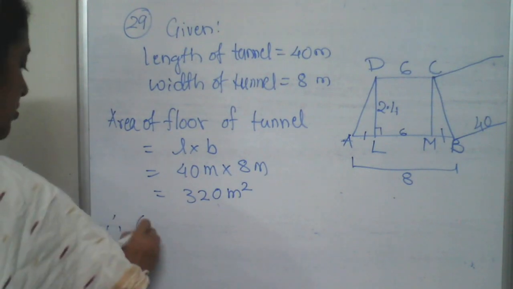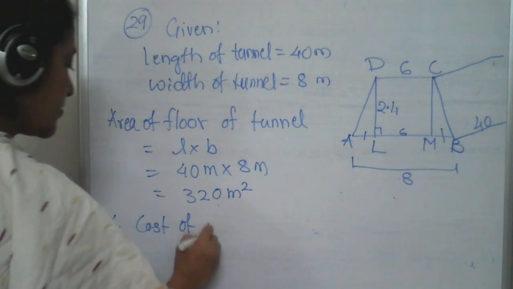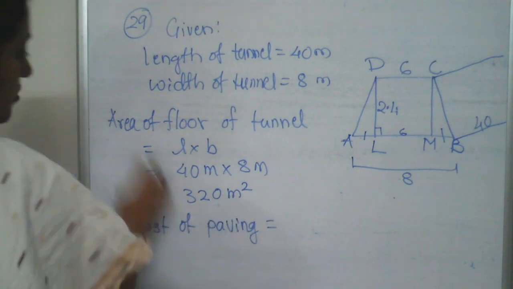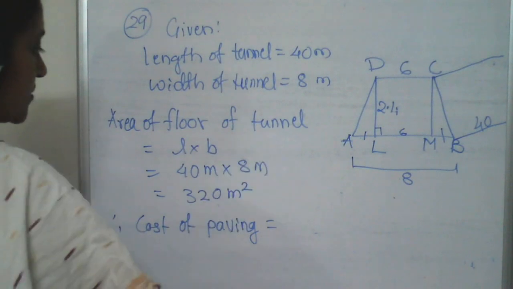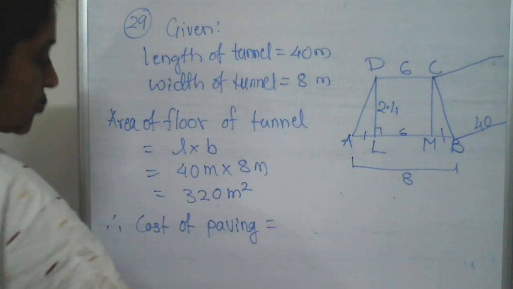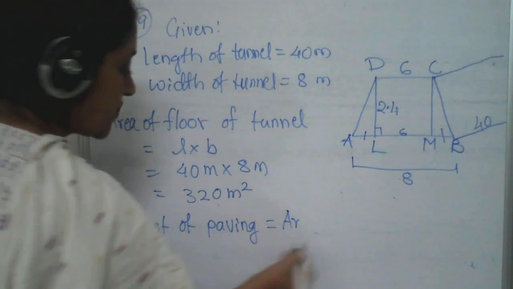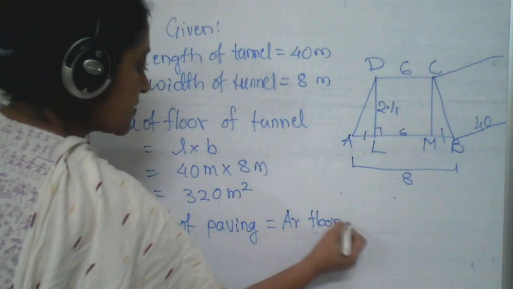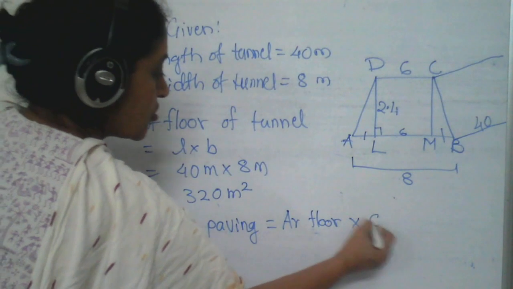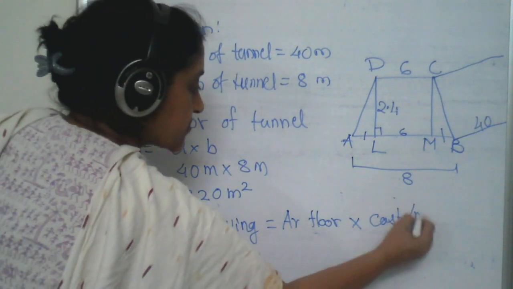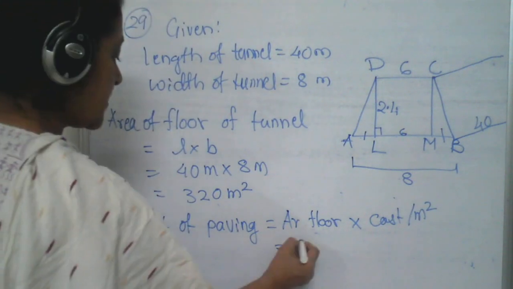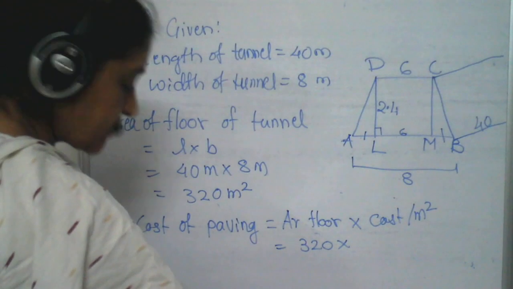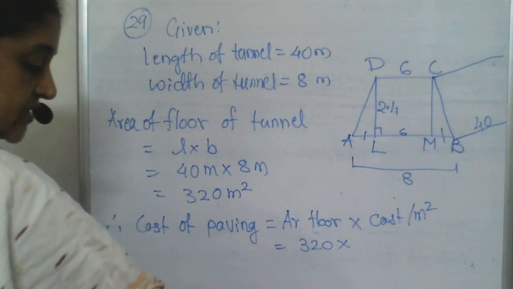But we need to get the cost of paving it. Therefore, cost of paving is equal to area of the floor of the tunnel into the cost. I am writing in short, area of floor into cost per meter square. Now the area of the floor you have is 320 meter square, but the unit is not to be written because we are finding the amount, that is money.